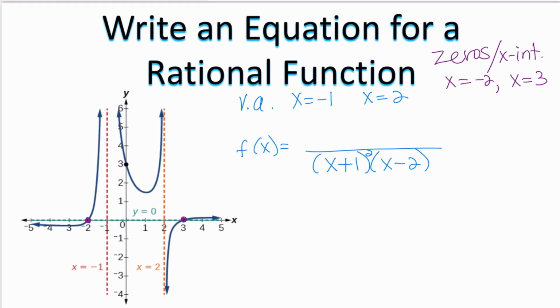So in this particular case, if one of my zeros is x equals -2, I'm going to write x plus 2 as my factor. And if my other zero is x is equal to +3, I'm going to write x minus 3 as my factor. Now I have to check to see what is happening with those zeros.